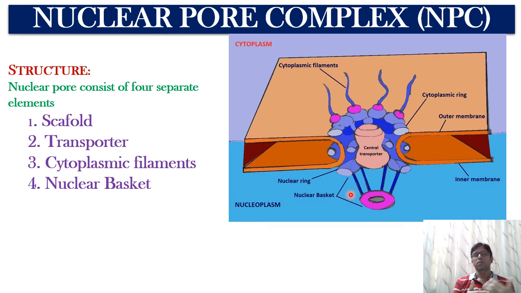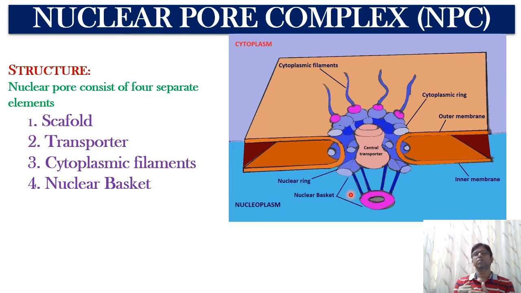from the nucleus to the cytoplasm. And cytoplasmic filaments are the thick filaments present towards the cytoplasmic side of the nuclear pore, and they are attached to the cytoplasmic ring. Coming to the nuclear basket, which is present towards the nucleoplasmic side, it consists of 8 long filaments, each measuring about 100 nanometers long.